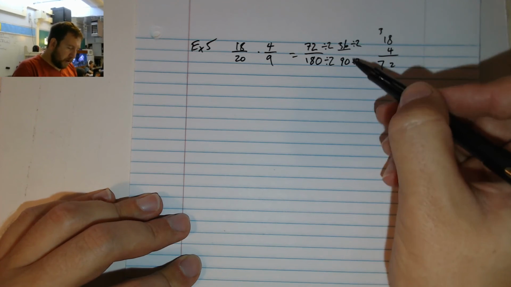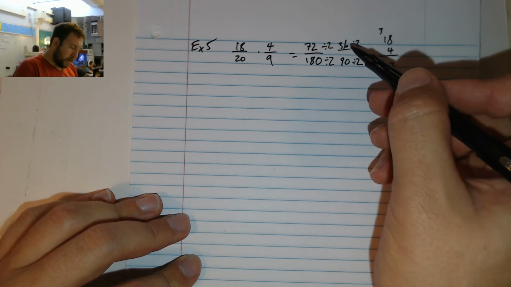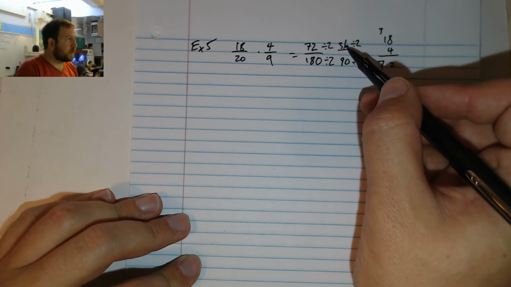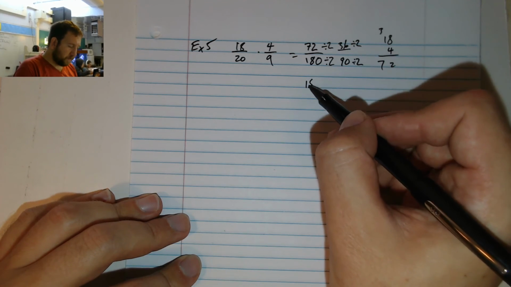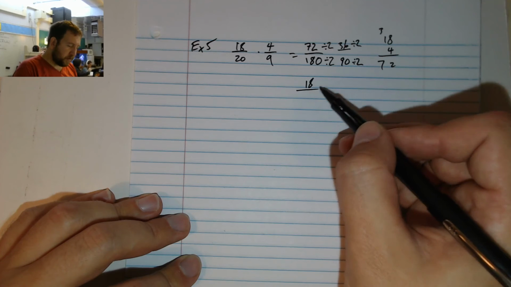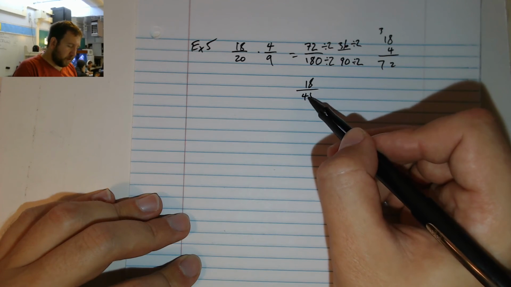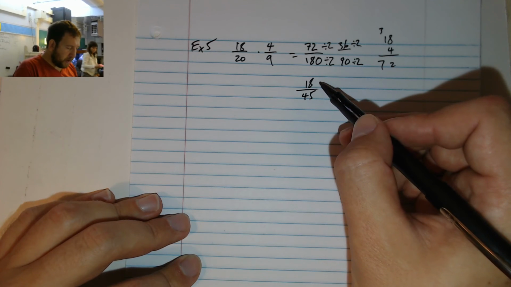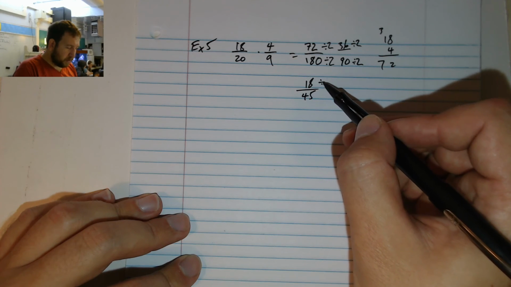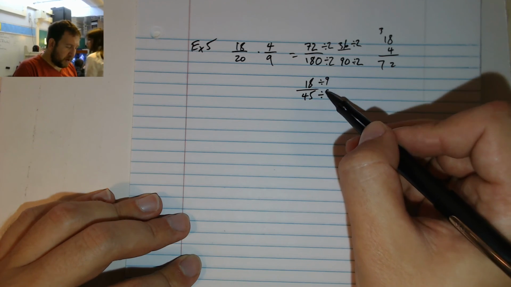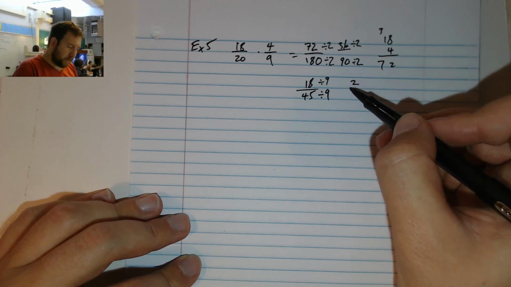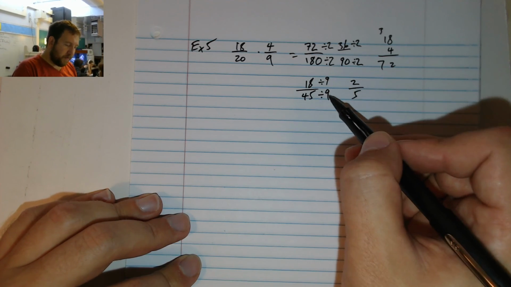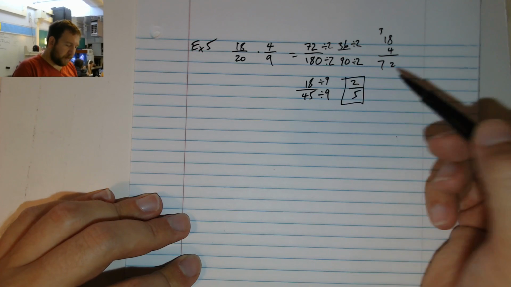And that, I'm going to move down because I'm out of space. 36 divided by 2 is 18. 90 divided by 2 is 45. Now I've got, I can divide by 9. This one's going to simplify quite nicely, it looks like. And I have 2/5 for my final answer.